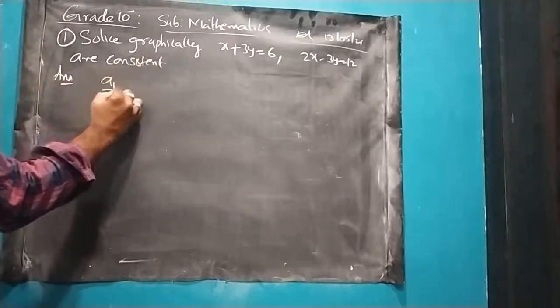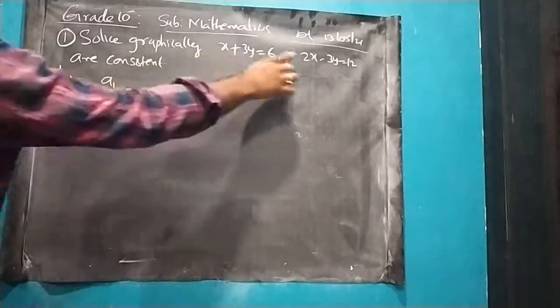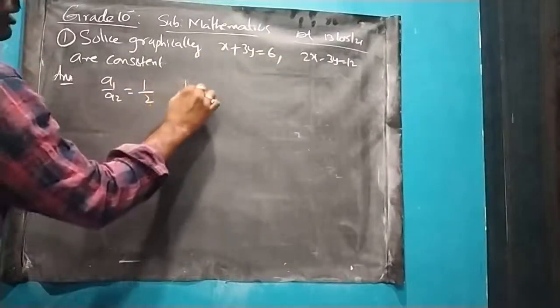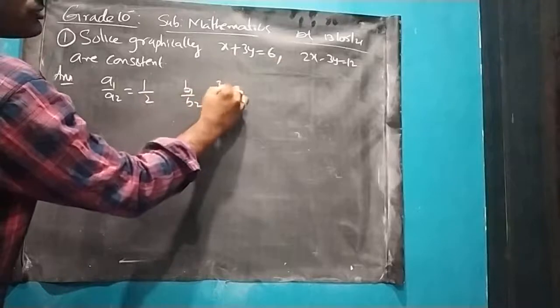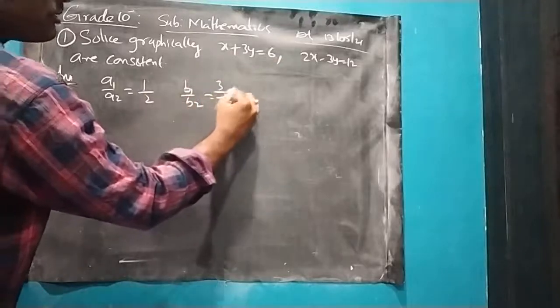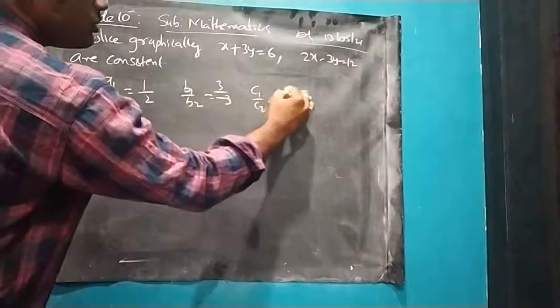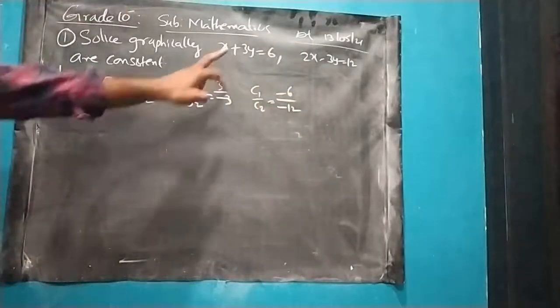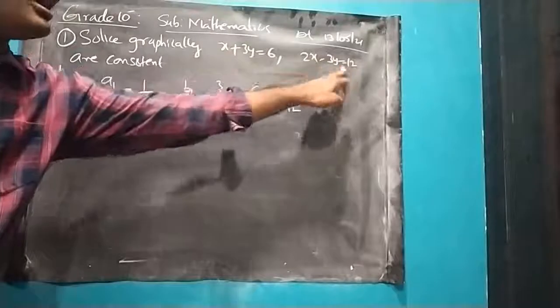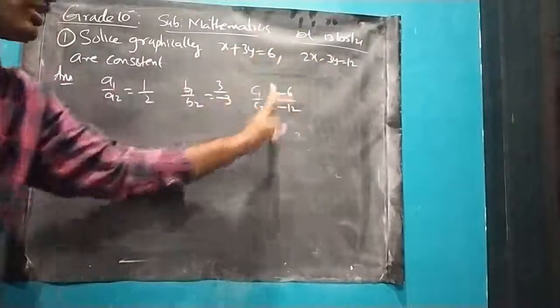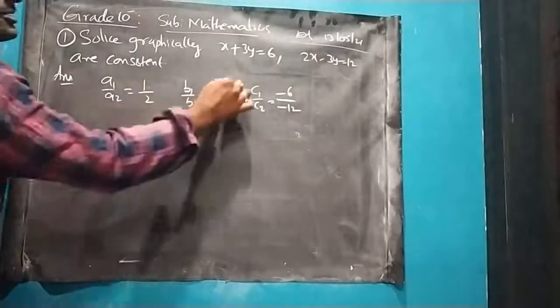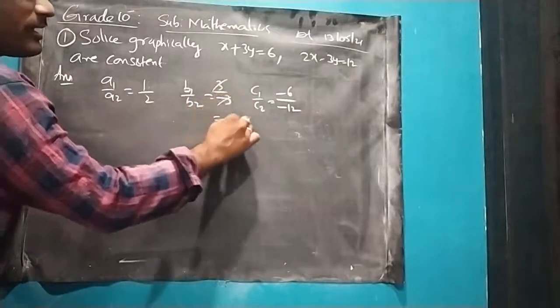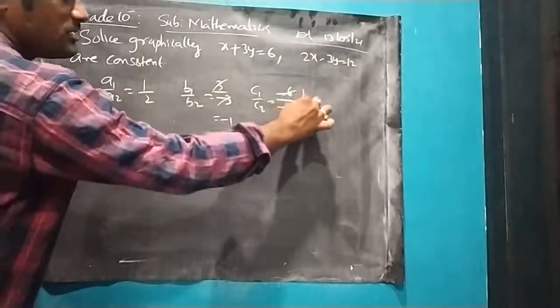What is my A1 by A2 value? Here 1 by 2. What is B1 by B2 value? 3 by minus 3. What is C1 by C2 value? Minus 6 by minus 12. In the standard form, C1 will come inside, so minus 6, here minus 12. Here it cancels, the answer will be minus 1, and here also it cancels, the answer will be 1 by 2.